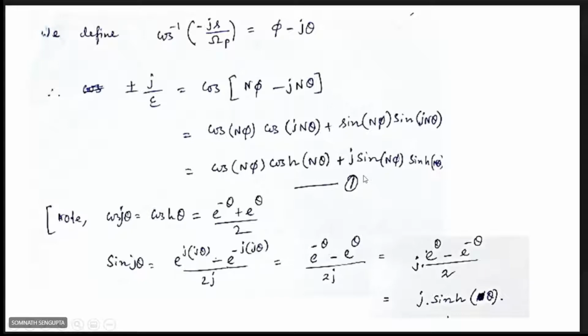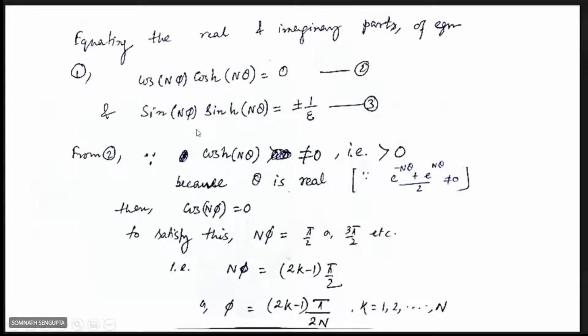And the imaginary part, sin nφ sinh nθ, is equal to plus minus 1 by epsilon. So cosh nθ is not equal to 0, because θ is real, so it cannot be 0.